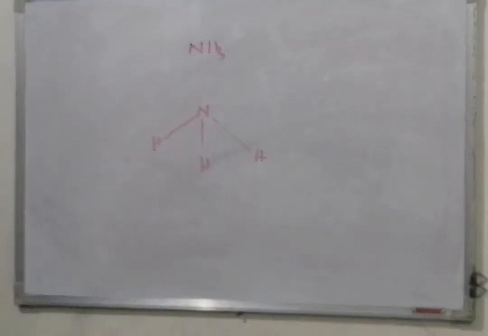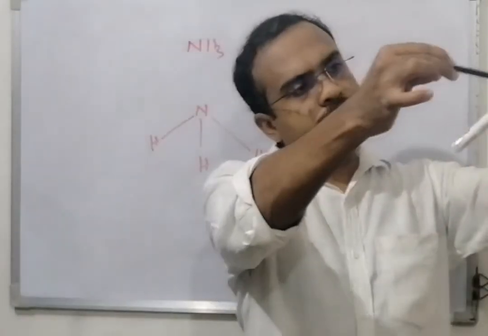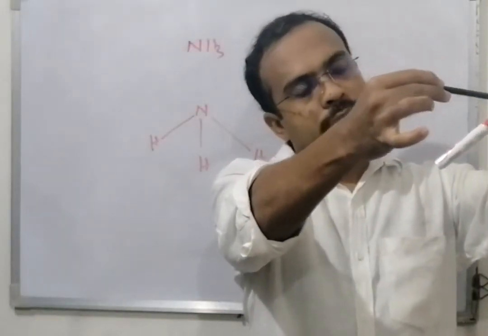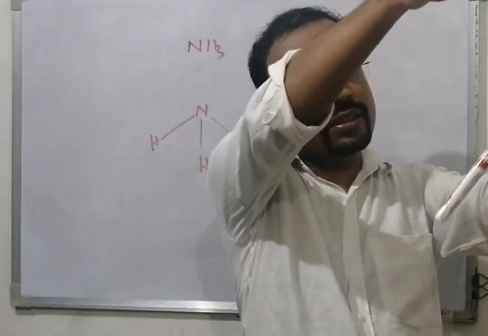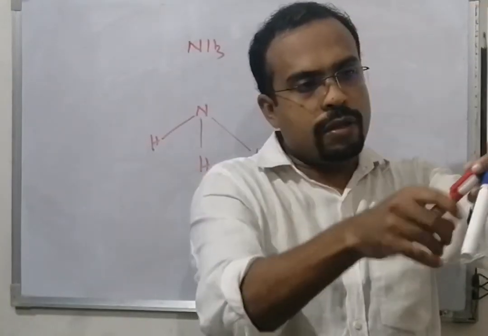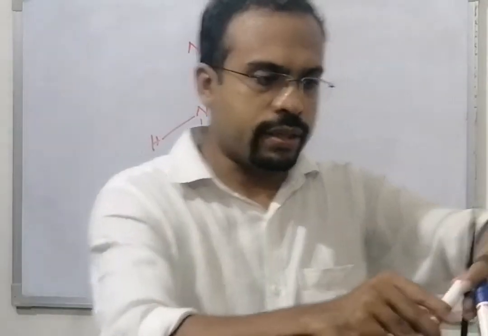Now, let me give you any mix. It has no axis like this. It cannot have an axis like this, but it can have an axis like this. Look at this. Suppose this is the axis.